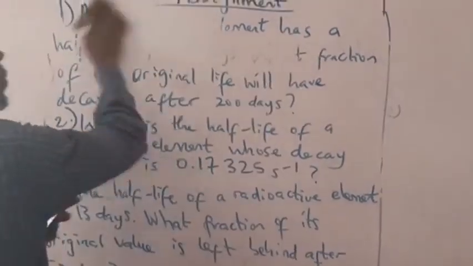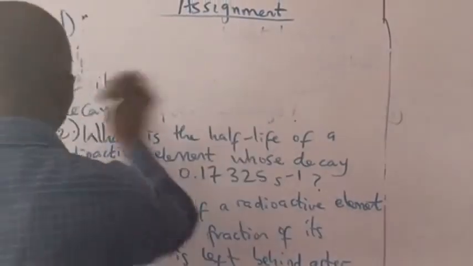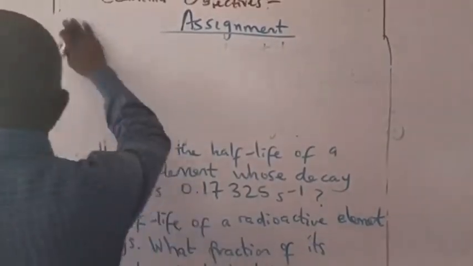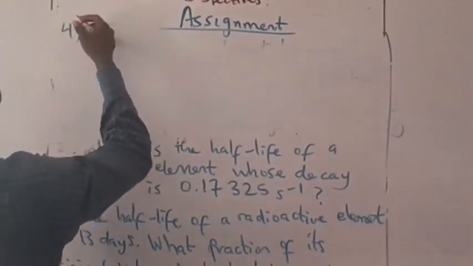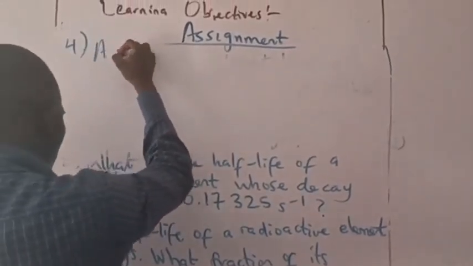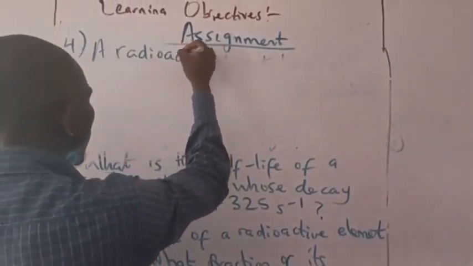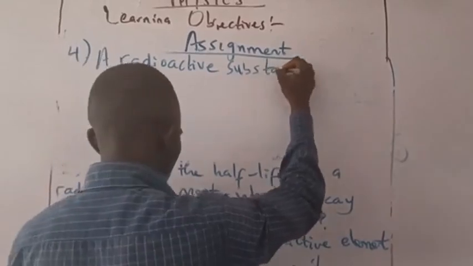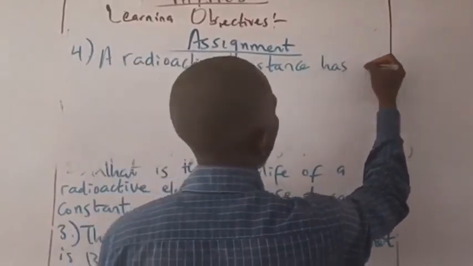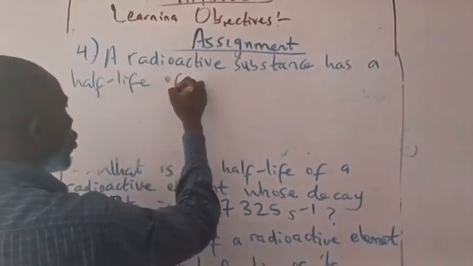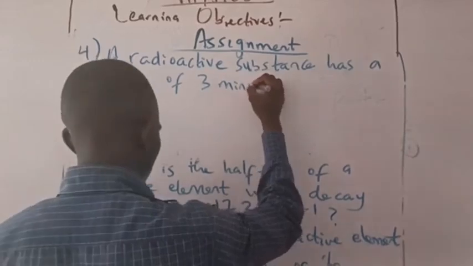Assignment 4. A radioactive substance has a half-life of 3 minutes.